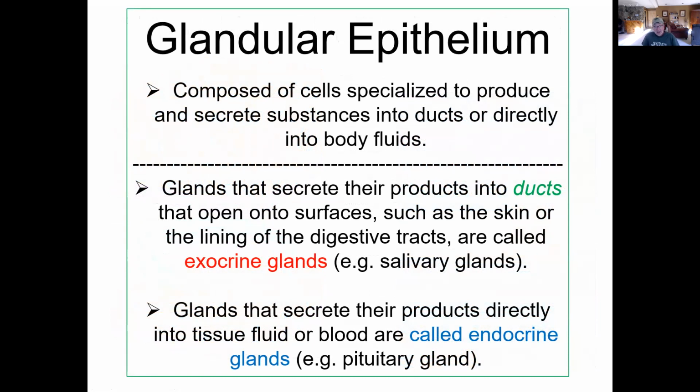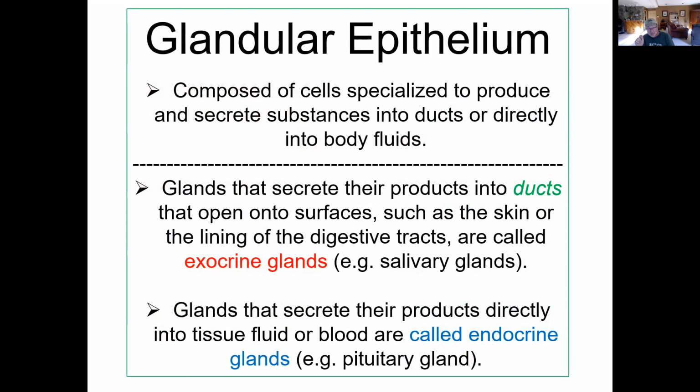Glands are clusters of cells that produce substances that are either secreted into ducts that lead to some location, or some glandular epithelium can produce secretions that get dumped directly into body fluids, like the bloodstream. So let's talk first about those which secrete their products into little passageways called ducts.